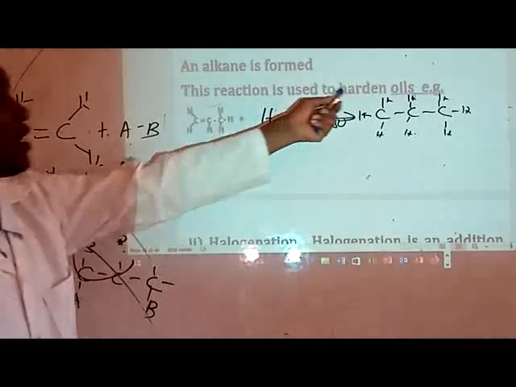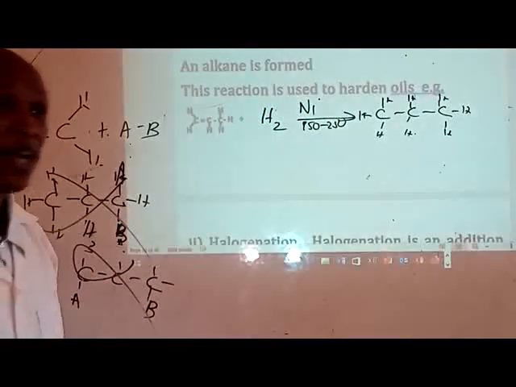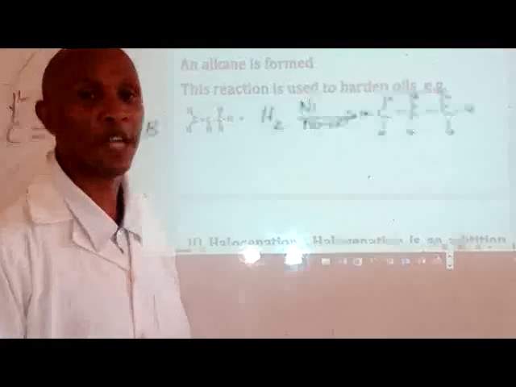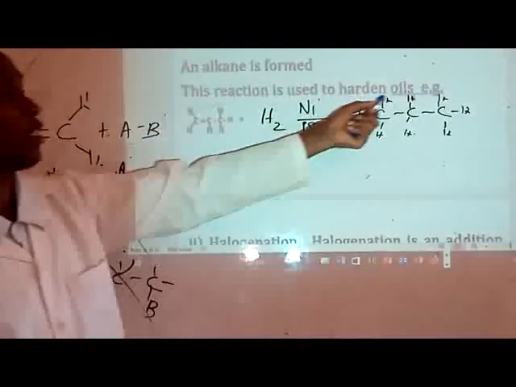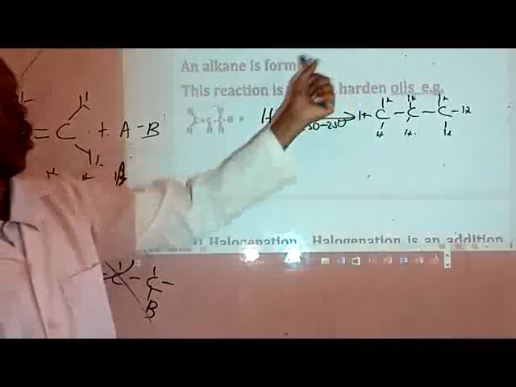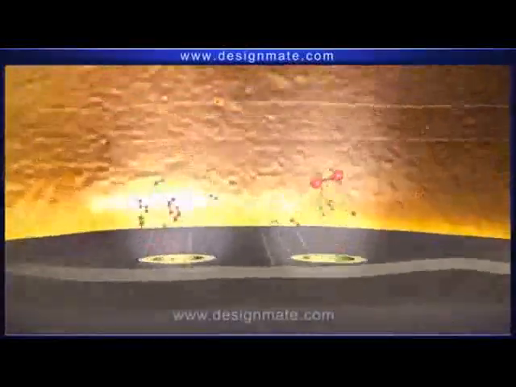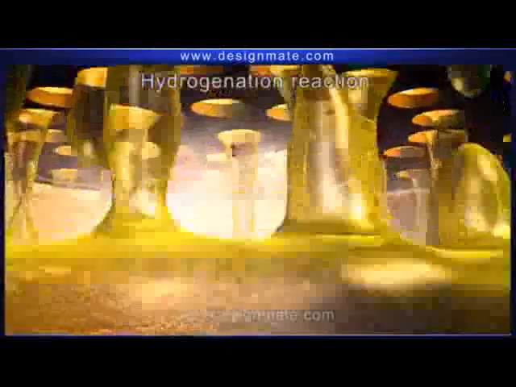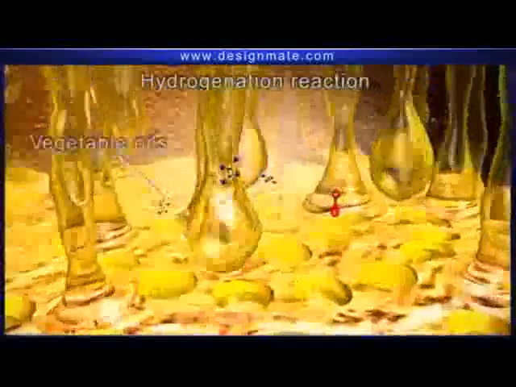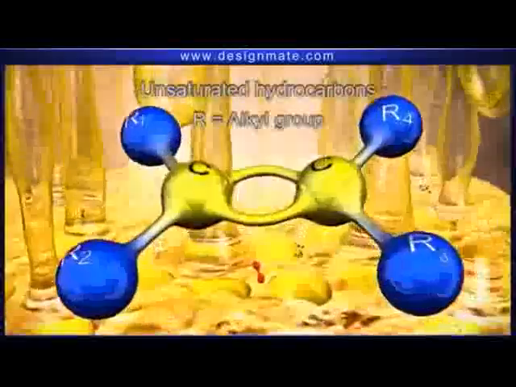Now remember, this is a reaction that we used in Form 1 when we were talking about the uses of hydrogen in hardening oils, converting oils to fat. One of the industrially significant examples of addition reaction is the hydrogenation reaction of vegetable oils, which contain unsaturated hydrocarbons having double bonds.